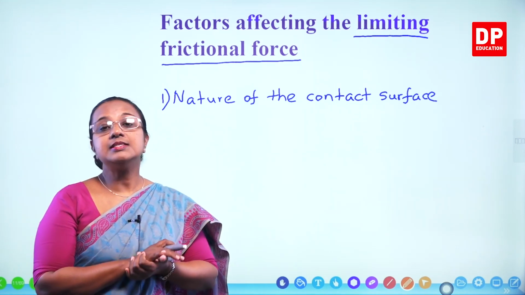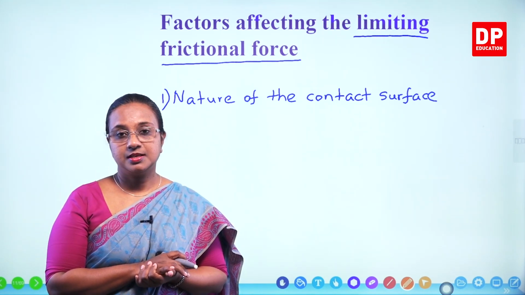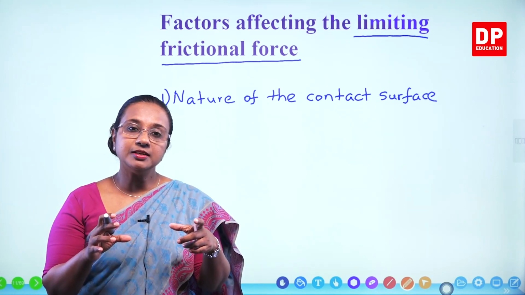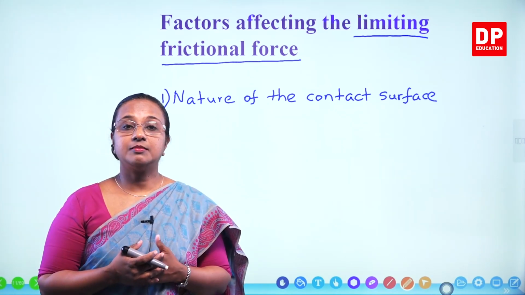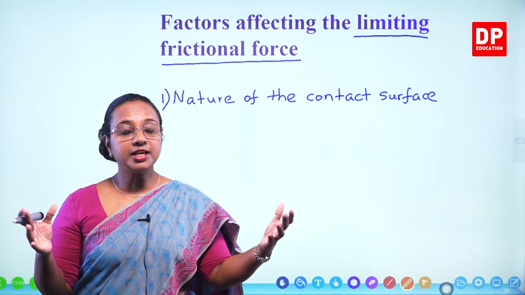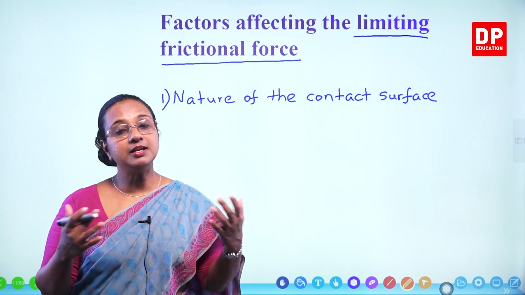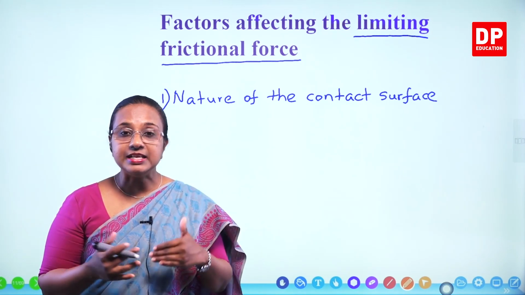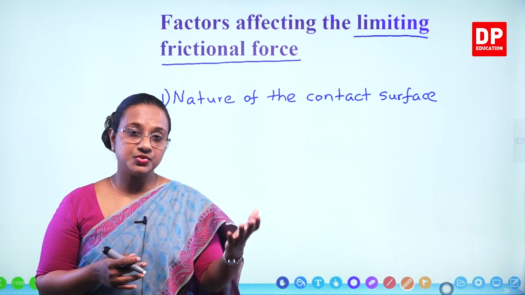Then because it is the contact surface, if it's a small object, the frictional force can be one type. If it is a large object, the frictional force can be a different type. That is what we expect to see.